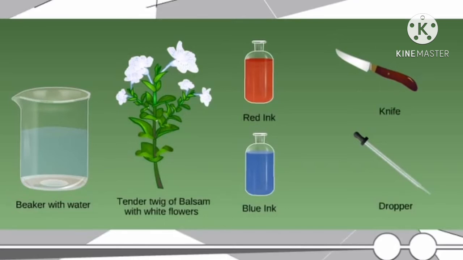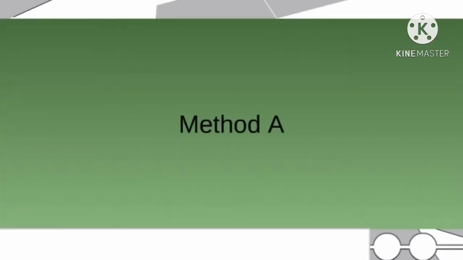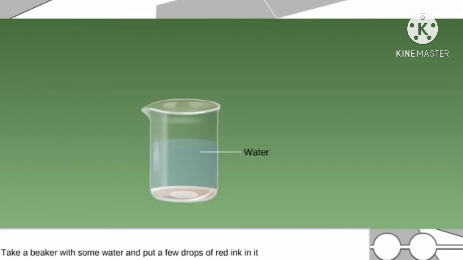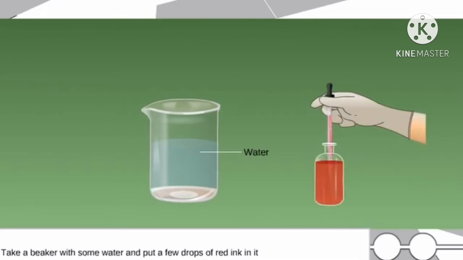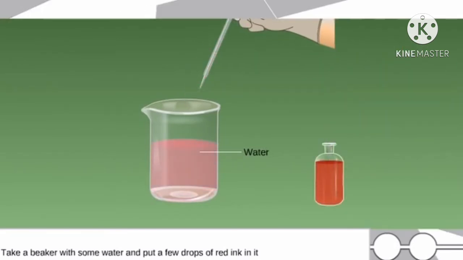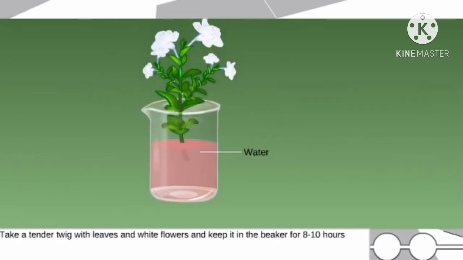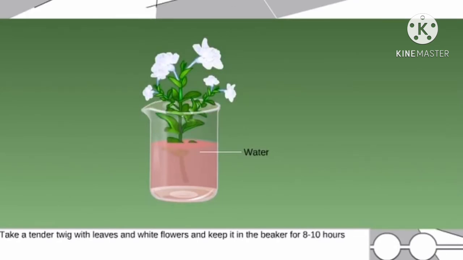Okay children, now take a glass beaker and fill it with 1/3 of water and add a few drops of blue or red ink to the water. Now cut the base of the stem of a herb and put it in this water. Observe this setup after a few hours.